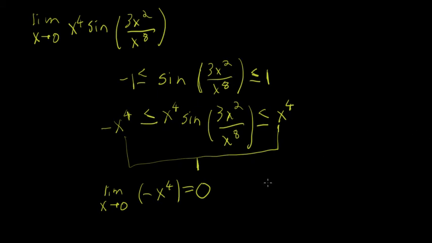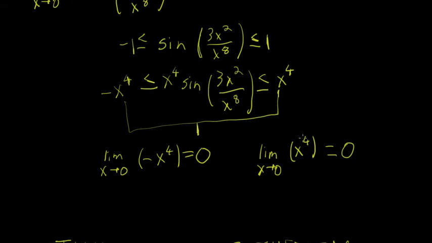And by the same reasoning, considering this function on the right, the limit as x tends to 0 of positive x to the fourth, you're doing the same thing here, you're just not negating after raising the small fraction to the fourth power. And I'm saying small fraction because we're considering quantities very, very close to x equal to 0. So the limit as x tends to 0 of x to the fourth goes to 0 as well. So these two outer functions go to 0.